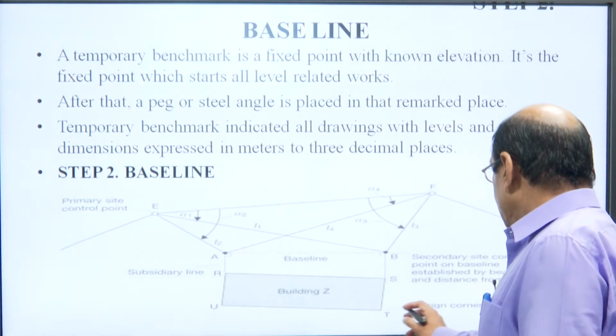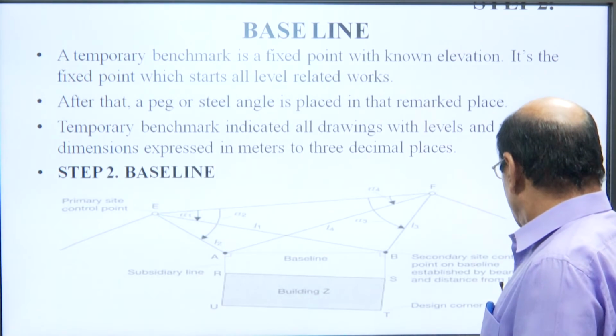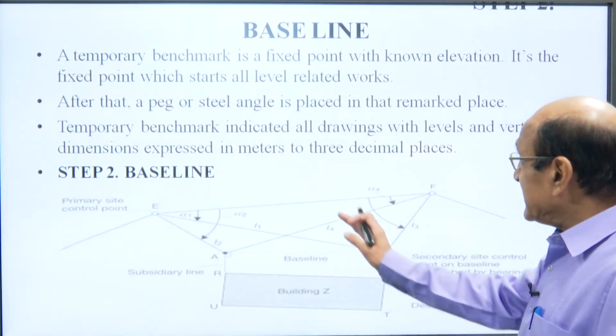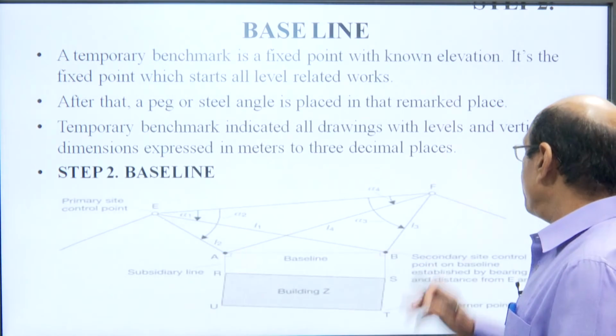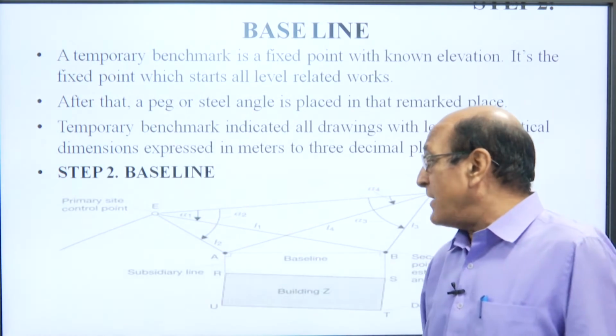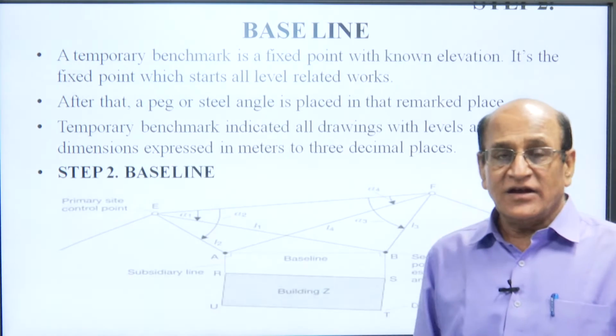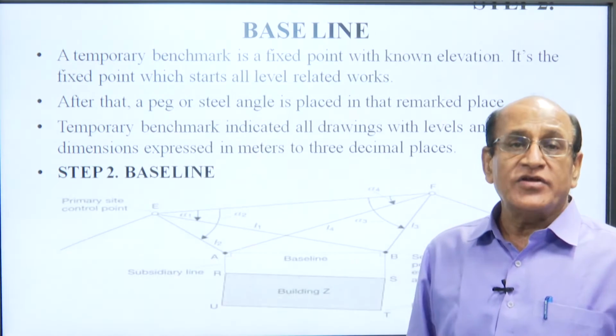So, T is the design corner point. This is the baseline, which is A and B. We can easily mark the baseline, and it should be on the horizontal plane.